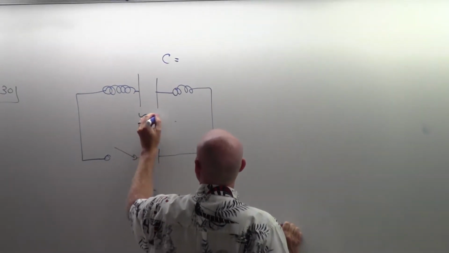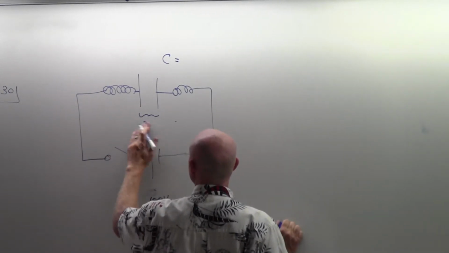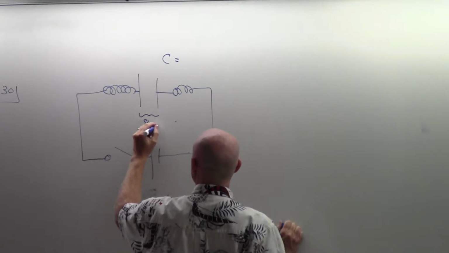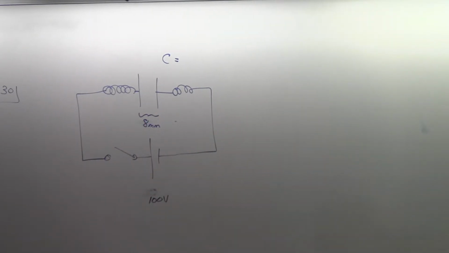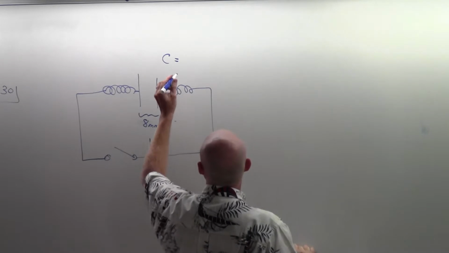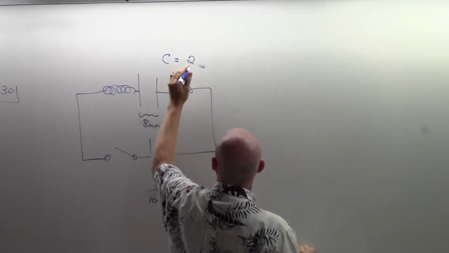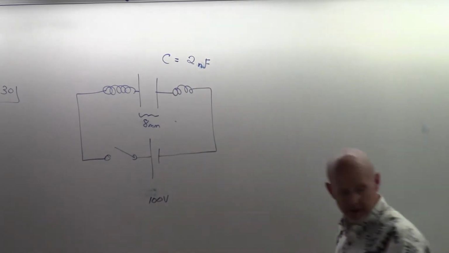They say that before closing the switch, there are 8 millimeters of separation. They say that that's enough separation to give you a capacitance of 2, was it nanofarads? Oh, now I need to look.